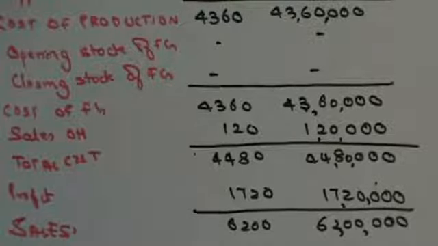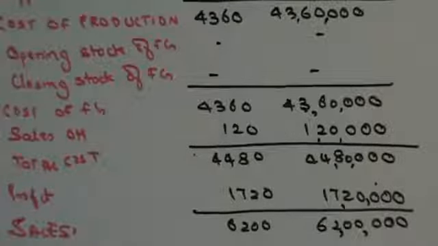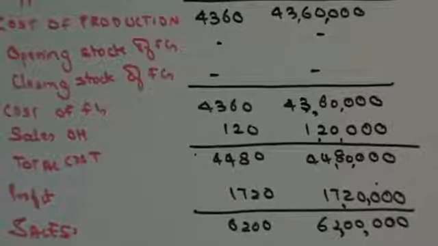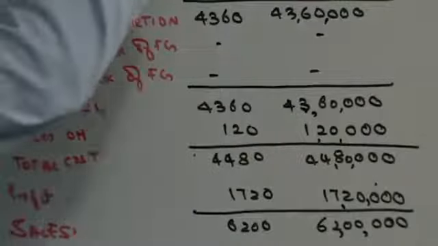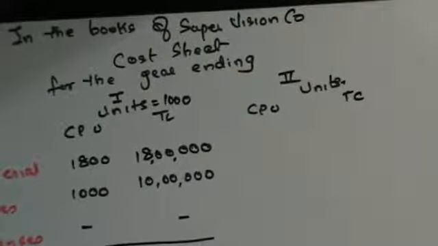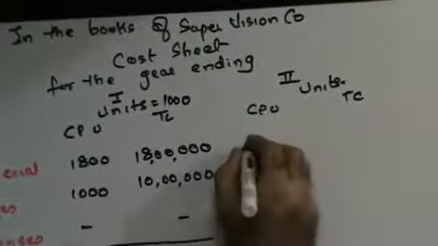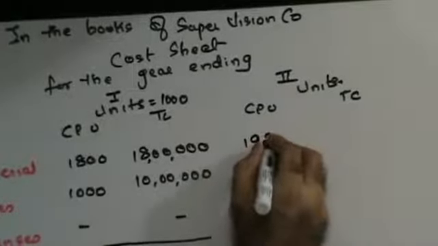Material cost and direct wages will increase by 15%. All calculations have to be made on CPU, right? Sorry, material is 10%. So on your calculator 1800 plus 10% will come to 1980.